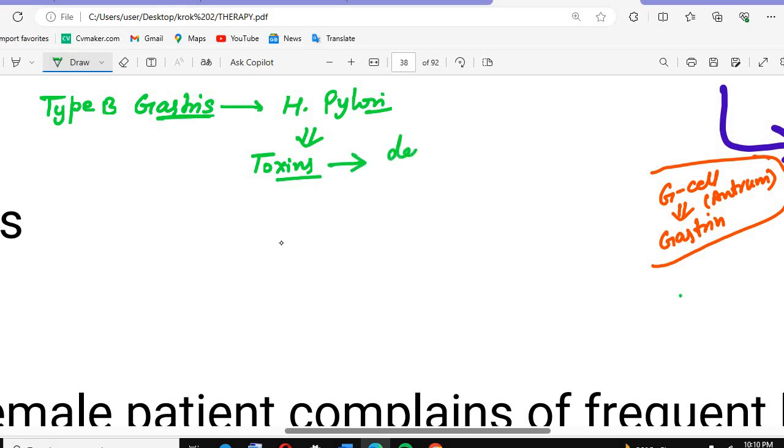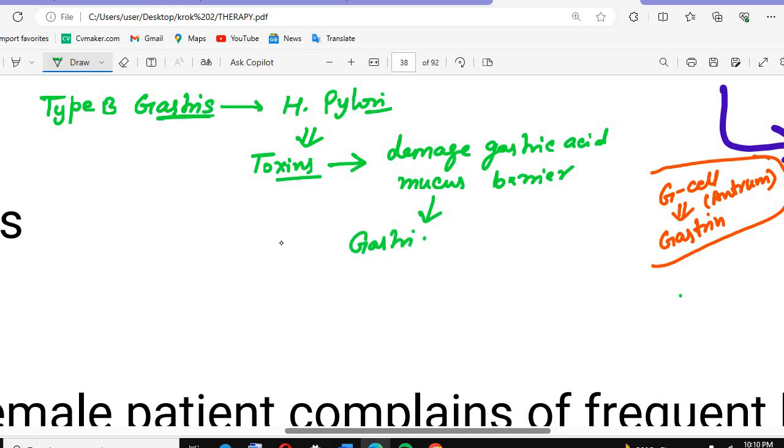They will damage the gastric mucous barrier. If they damage the gastric mucous barrier, it will lead to gastritis, and if the mucous barrier is damaged, there will be stomach ulcers, that is gastric ulcers. Along with that, we see gastric cancer can also occur.